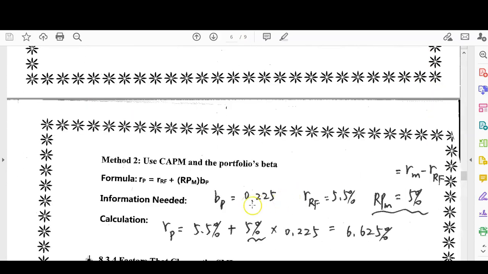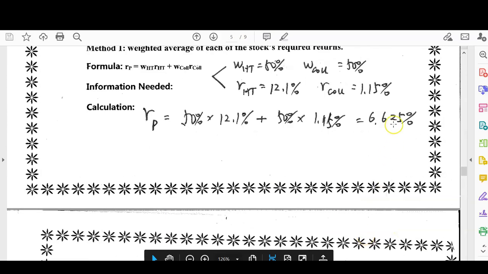Then we use 0.225 multiplied by the market risk premium 5% plus 5.5% risk-free rate. So portfolio return is 6.625%. We're using the CAPM model. This is the same as the portfolio return as here.